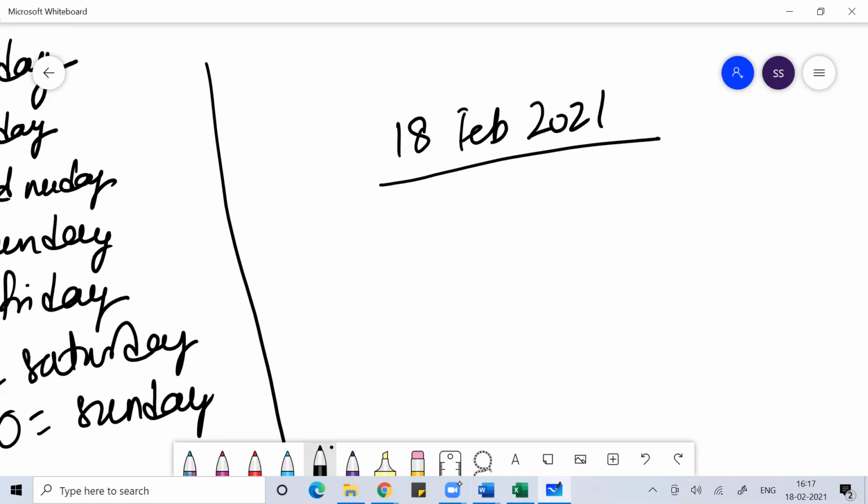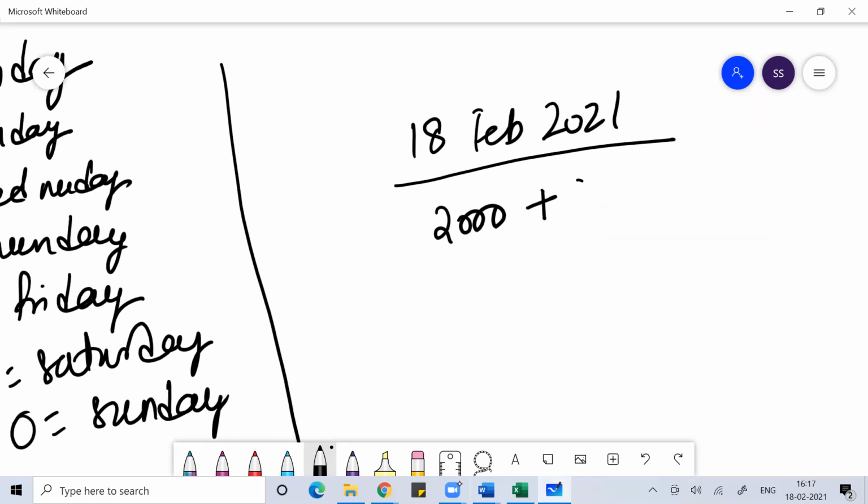So you can say that it is 2000. After 2000, how many years went away? After 2000, 20 years have gone away, so this is the 21st year going on. Why did I take a multiple of 400? Because after every 400 years you have zero odd days.